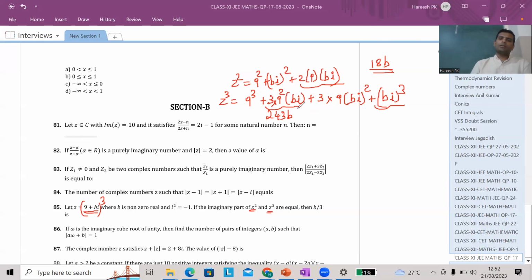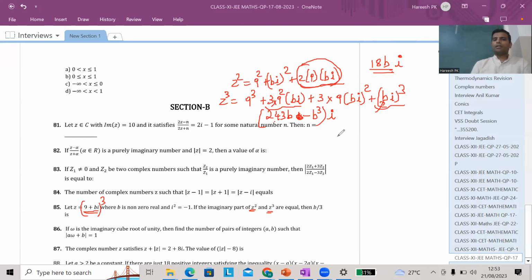And here the imaginary term is i cube. What does i cube become? i cube is minus i. So I'll write minus b cube. So (243b minus b cube) into i should be equal to 18bi. In the imaginary part it is this full 18bi, and here you'll get like this.